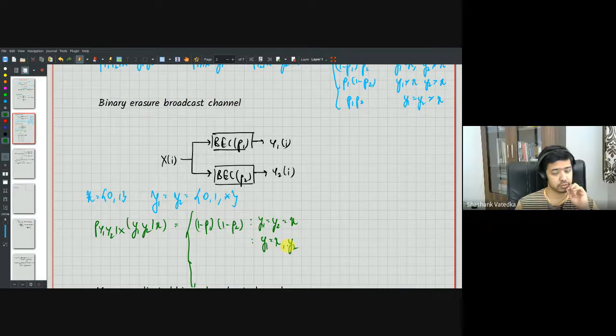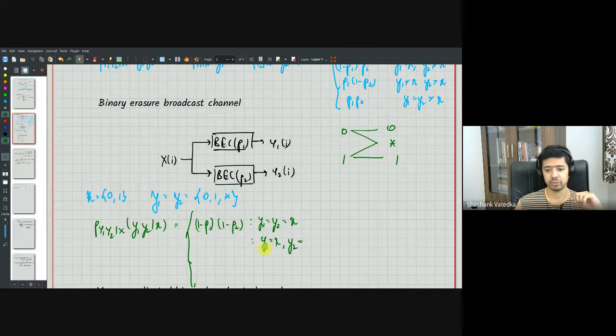Remember the BEC. A single BEC has inputs 0 and 1, and an erasure. The probability that you see a 1 given that a 0 was transmitted is always 0, and similarly, the probability that you see a 0 given that a 1 was transmitted is also 0. Given that some bit was transmitted, at the output you either see that bit exactly or you see an erasure.